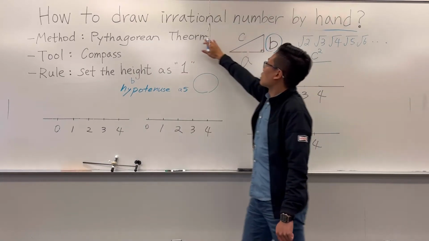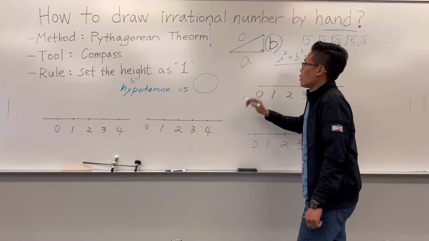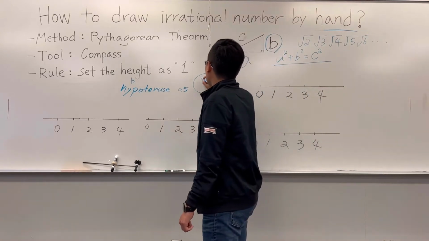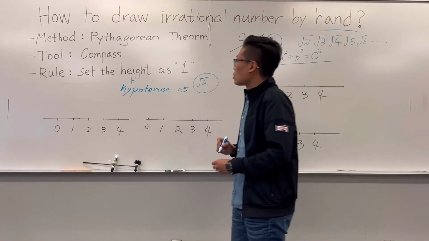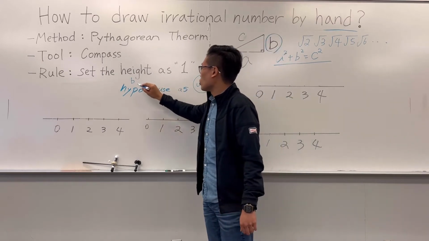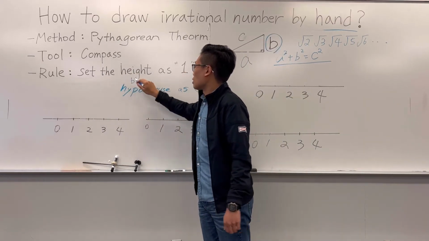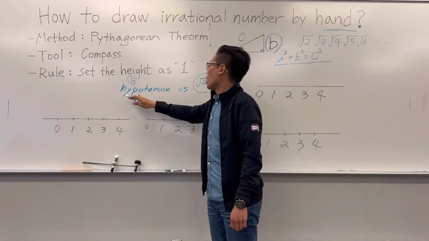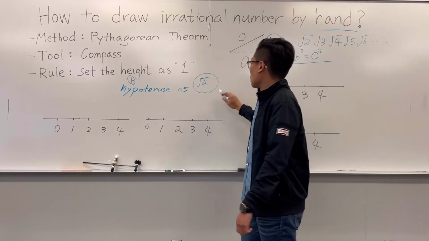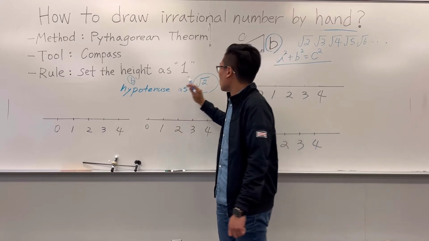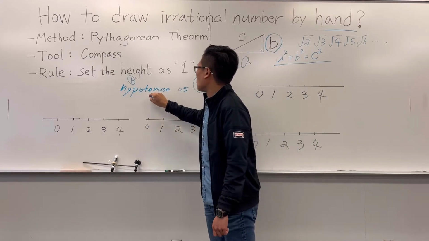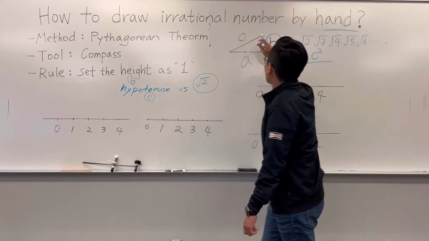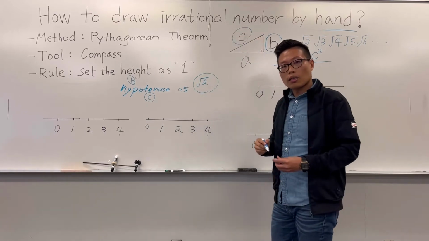What number? The irrational number, for example, like the square root of 2. Okay? So you just need to remember to set the height, that is b, as 1, and the hypotenuse as the number that you are going to draw, that is c. Okay? That is c.